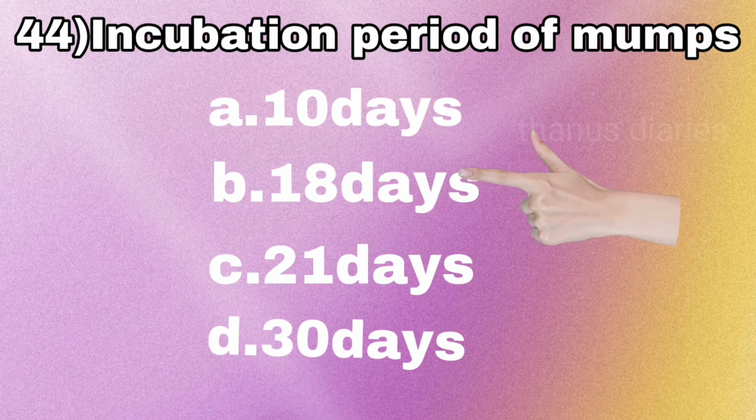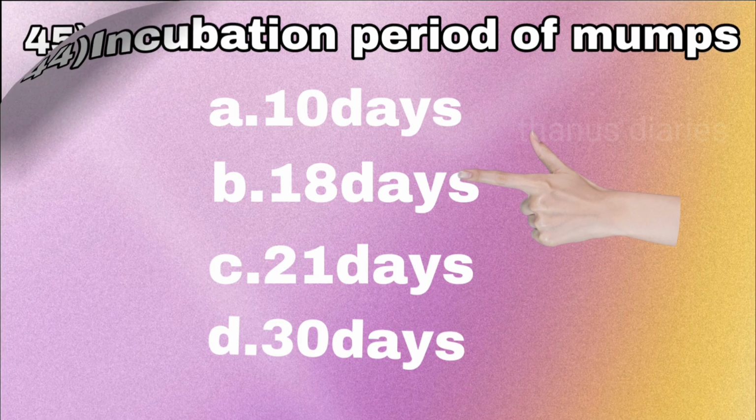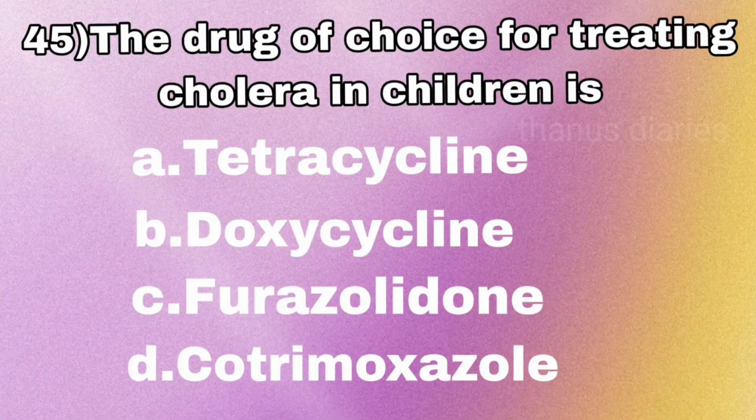And the answer is 18 days. Next question. The drug of choice for treating cholera in children is tetracycline, doxycycline, furazolidone, cotrimoxazole. It's cotrimoxazole.